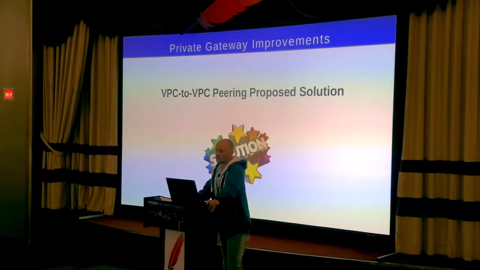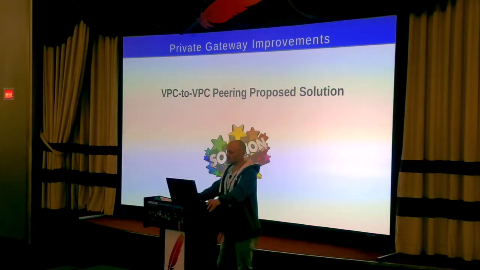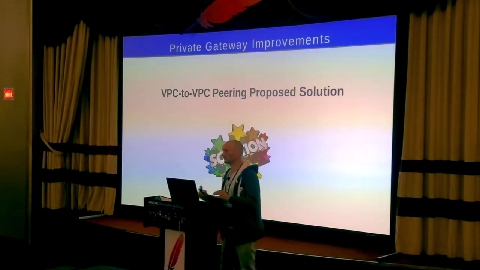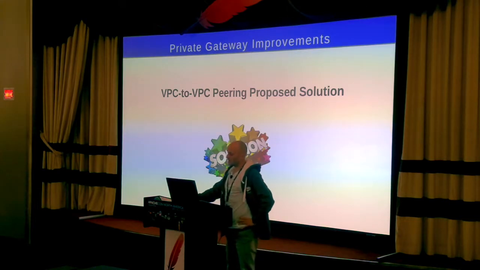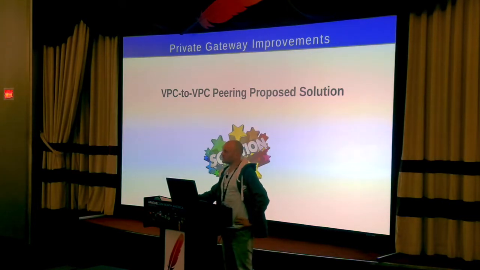So I've been chatting with some colleagues, and we had a whiteboard session about how we can improve the private gateway. At the moment, there's just been this whiteboard session, there's nothing else.